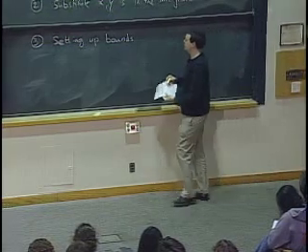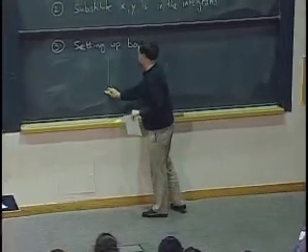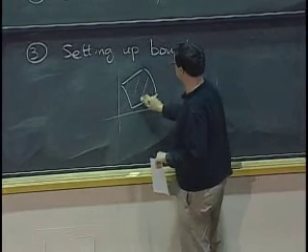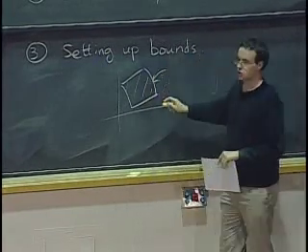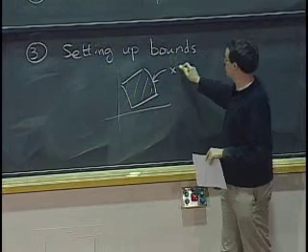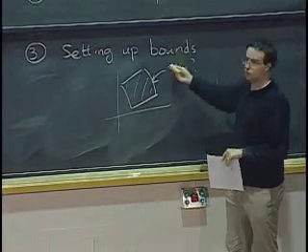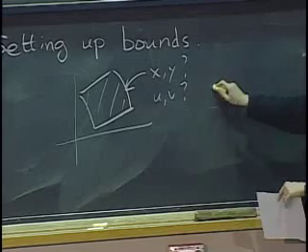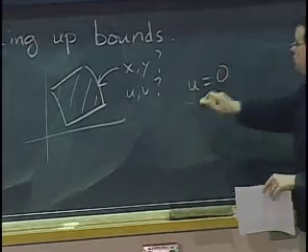So the general method is you look at your region R, and it might have various sides. Then on each side, you ask yourself, what do I know about x and y, and how to convert that in terms of u and v? Maybe you will find that the equation is just u equals 0, for example, or u equals v.